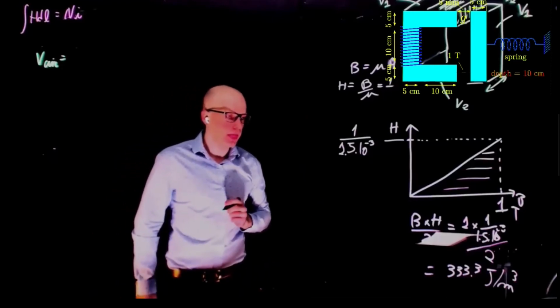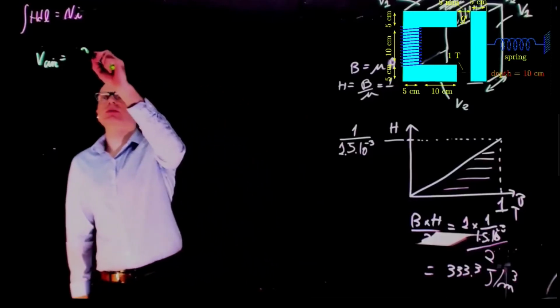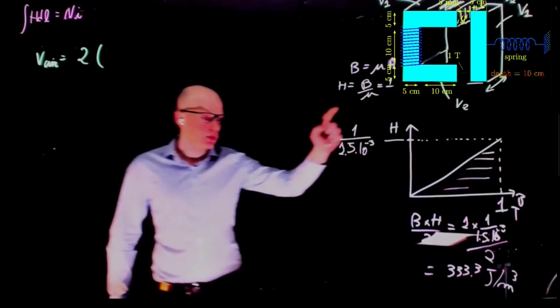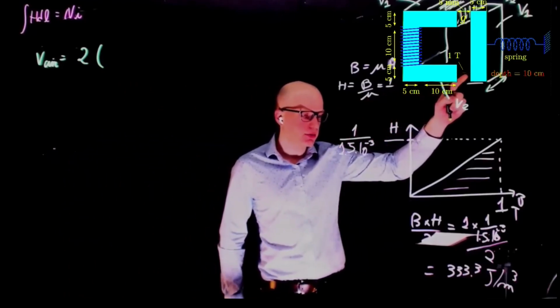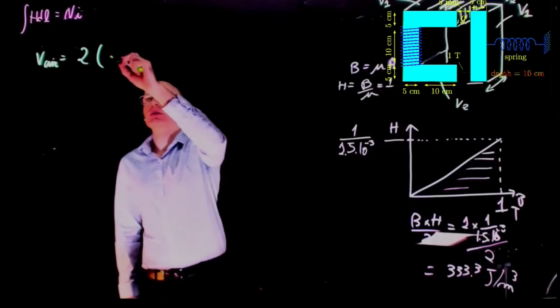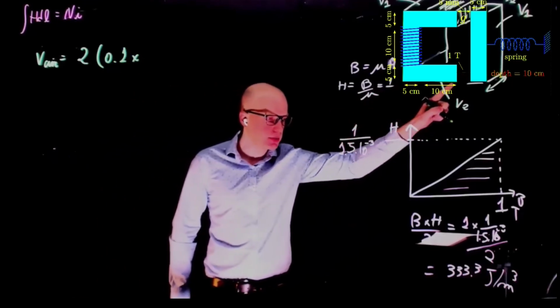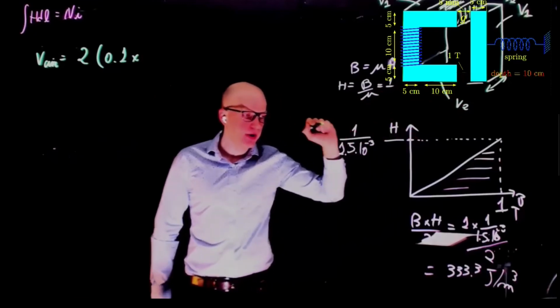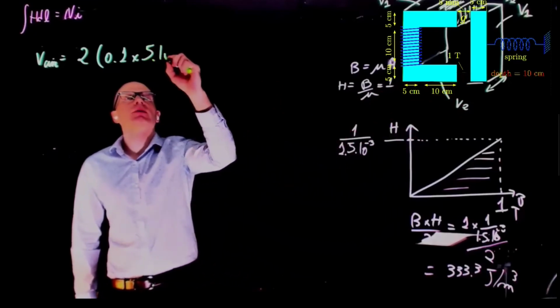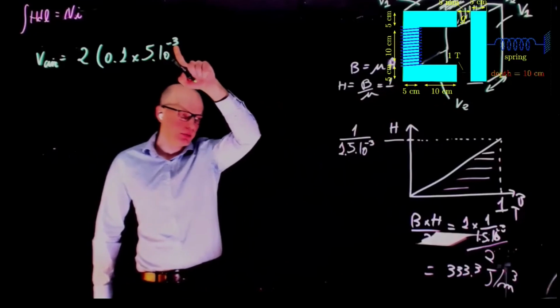It would be 0.1, which is the depth, times the 5 millimeters, 10 to the power of -3.